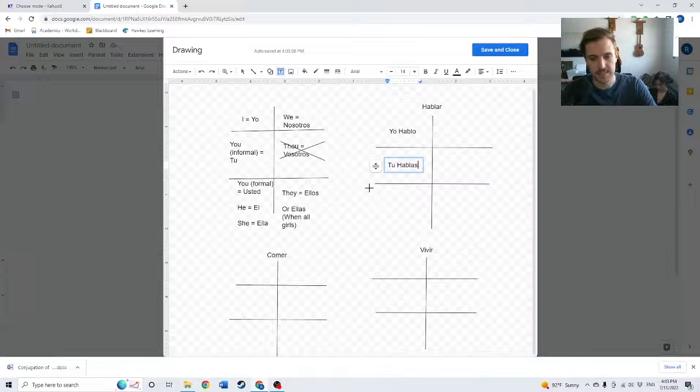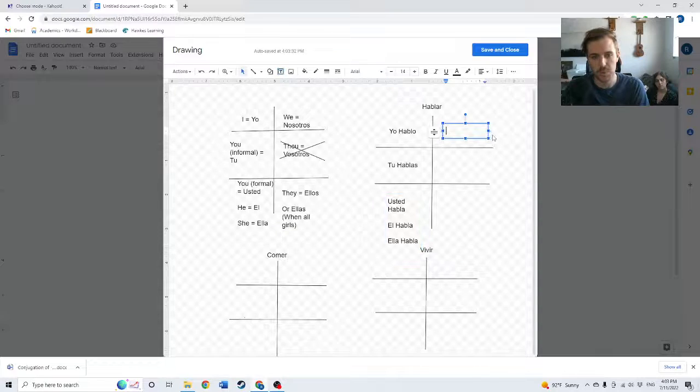And then let's continue on to the next one. You formally speaking would be usted habla. And then if you look at he speaks, it's él habla. And then ella habla. So you'll notice that the ending of it is the same on each of those. That's why we keep it in the same little area, because you conjugate the same way for that.